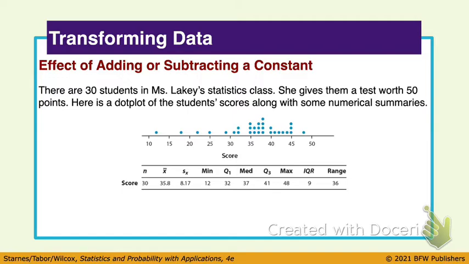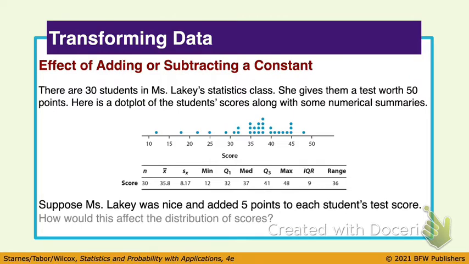Suppose that Miss Lakey wants to be nice and add 5 points to every student's test. What's going to happen? So we can basically think about what's going to happen if I take this kid who got a 48 and add 5 to his test score.